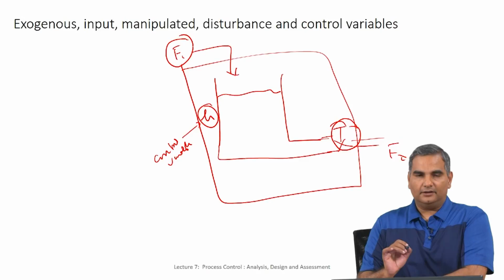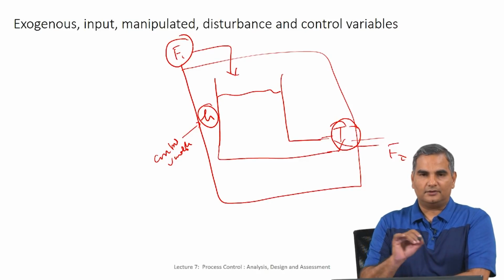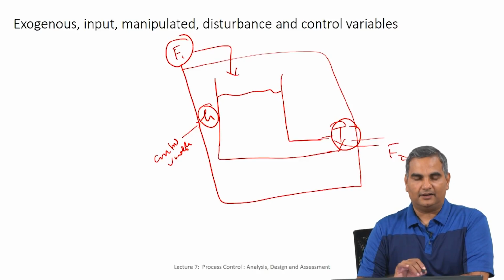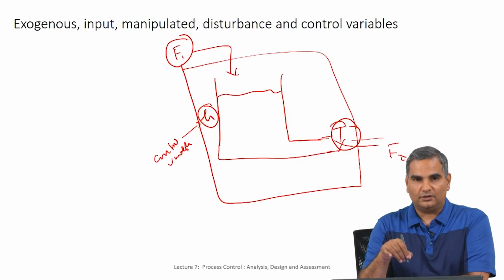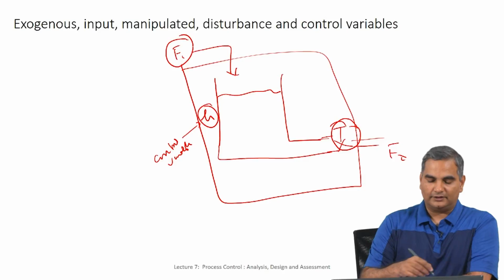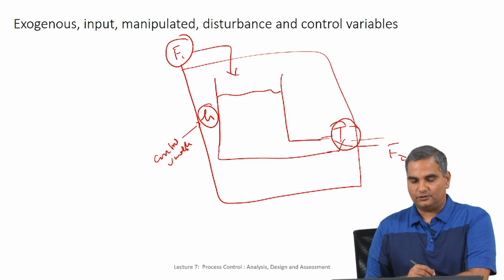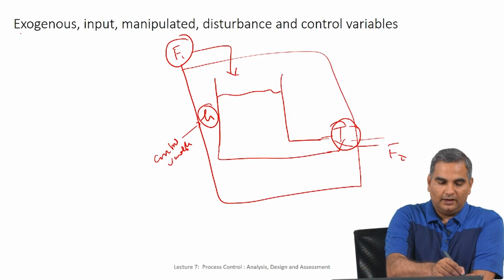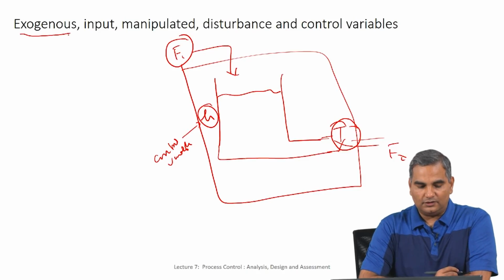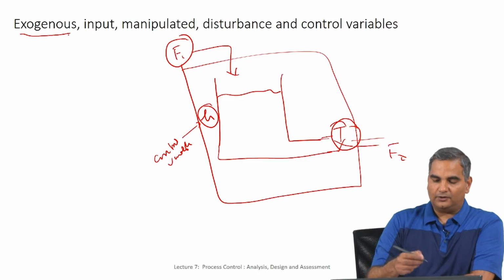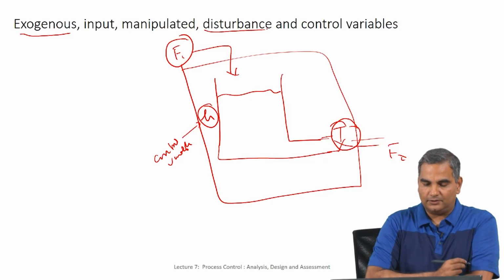So, in general, exogenous variables are variables that are outside the battery limits of the system. However, exogenous variables affect how the system works. So, for example, if this inlet flow rate changes, then correspondingly outlet flow rate will change and so on. So, we talked about this, and these exogenous variables are also sometimes called disturbance variables.